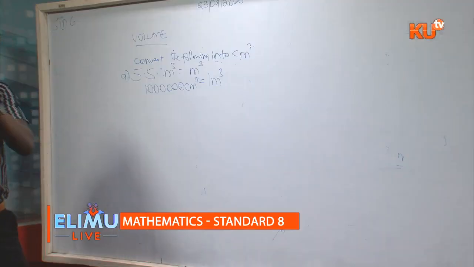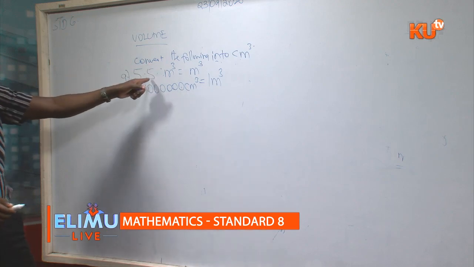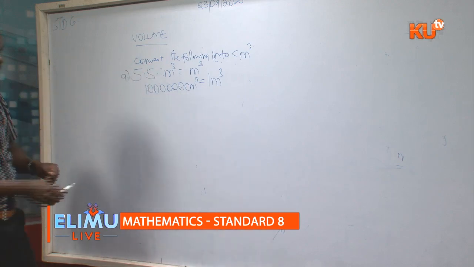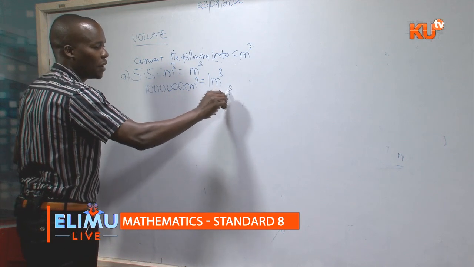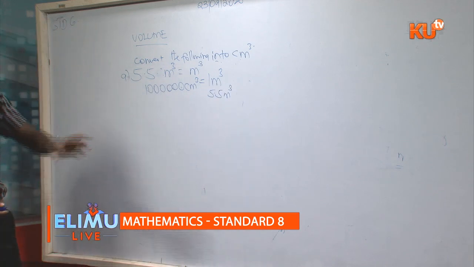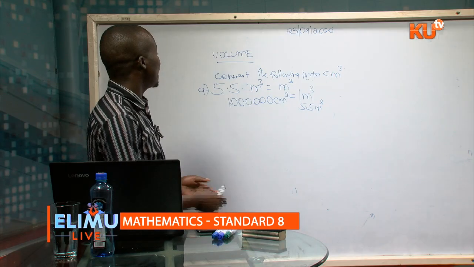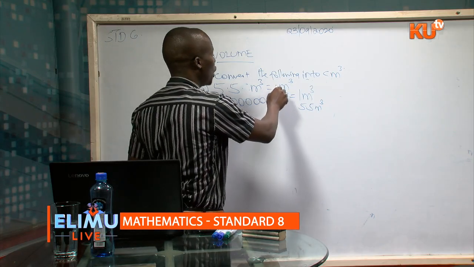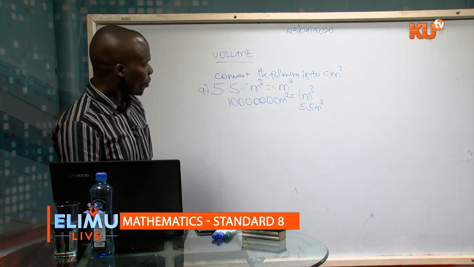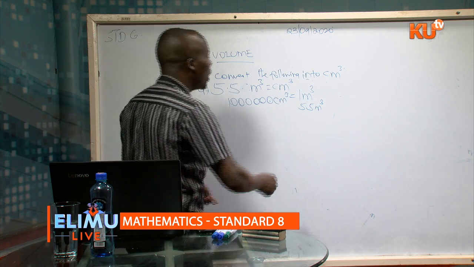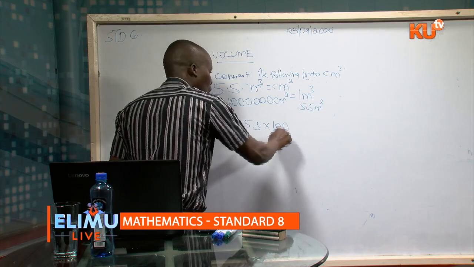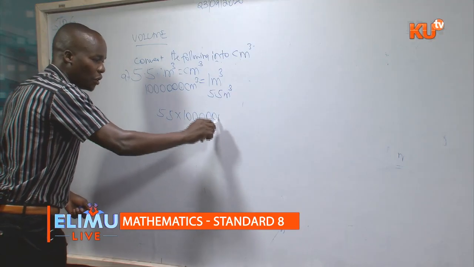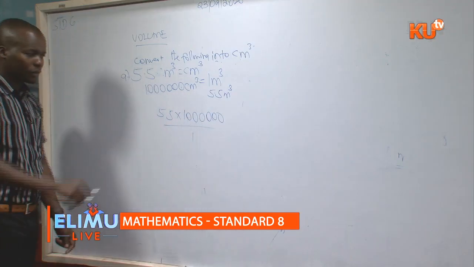Then ask yourself, what about 5.5 cubic meters? Remember, we are converting from cubic meters into cubic centimeters. Therefore, here we'll take 5.5 times 1 million over 1, of course.